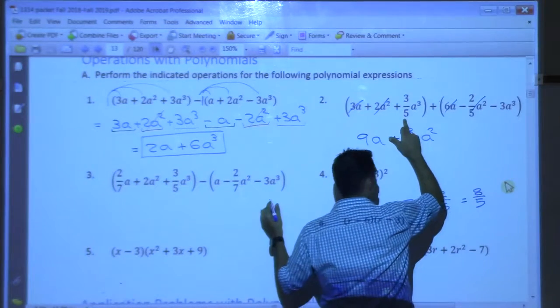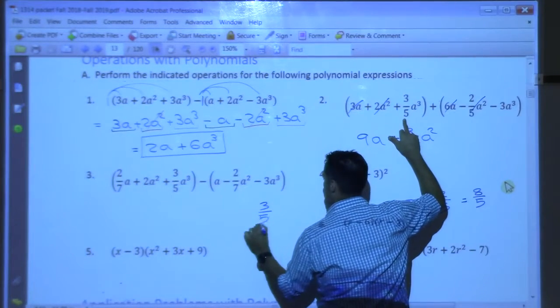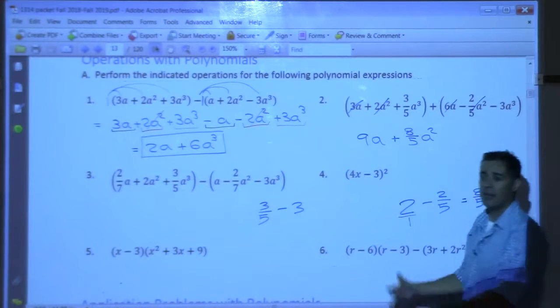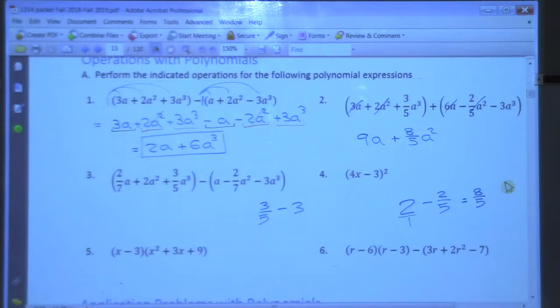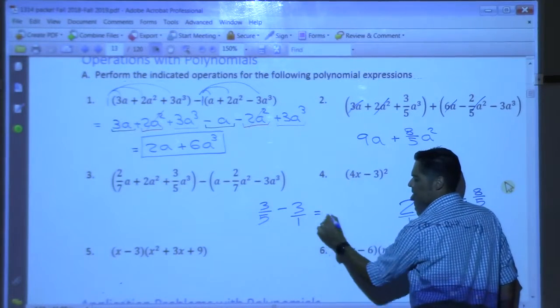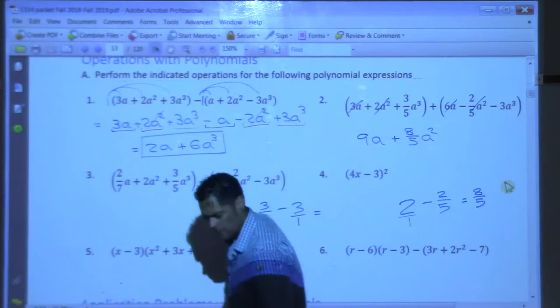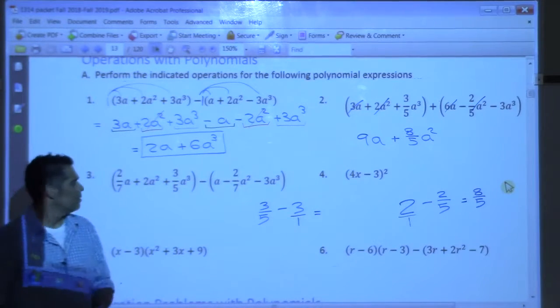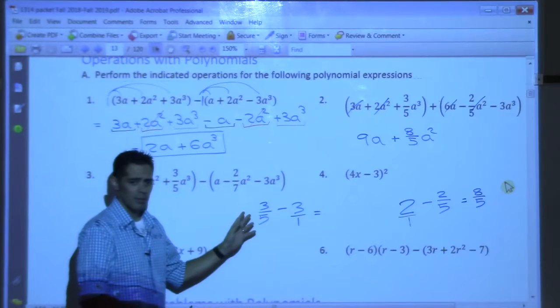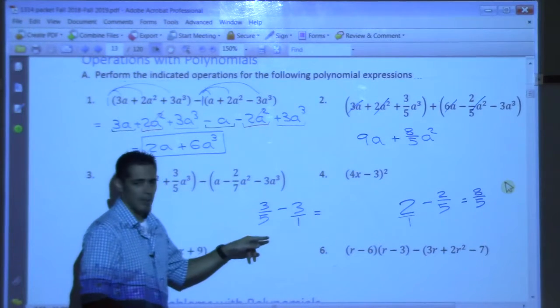I have 3/5, right? And then from that I need to take away 3. So again, common denominator. All right. So I'll rewrite the 3 as 3 over 1, and I'm going to do the shortcut again. So let's see. Heidi? Where's Heidi? Do you know what I mean by shortcut? Or you just want to get a common denominator here?